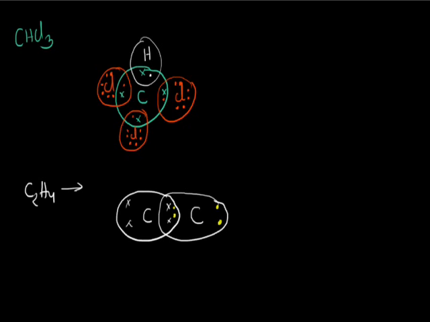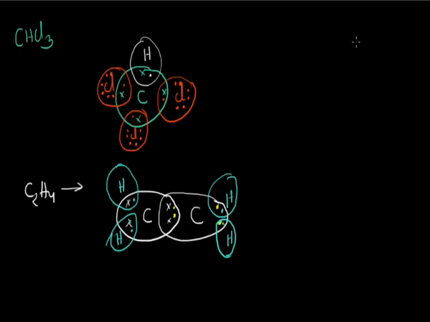After that we have 4 hydrogens, equally divided, 2 on both sides. Here is a hydrogen with a single valence electron, another hydrogen with a single valence electron. On that side, a hydrogen having a single valence electron, and another hydrogen also having a single valence electron.